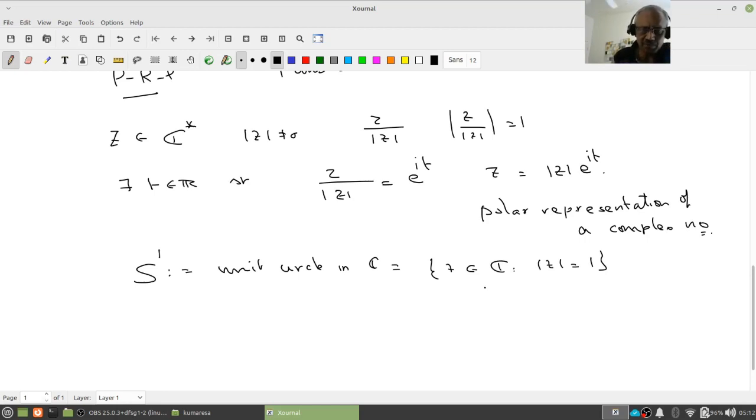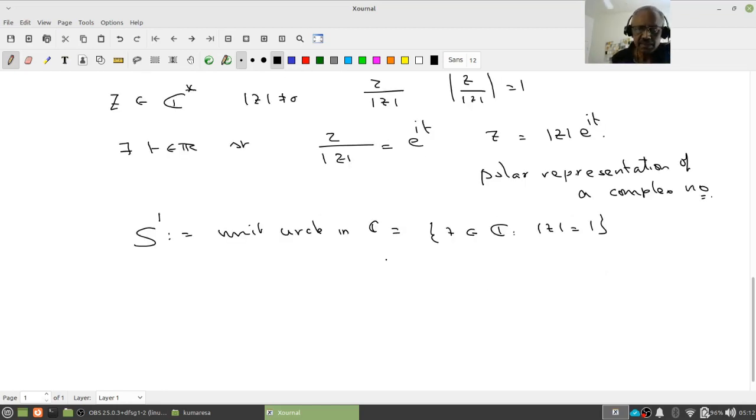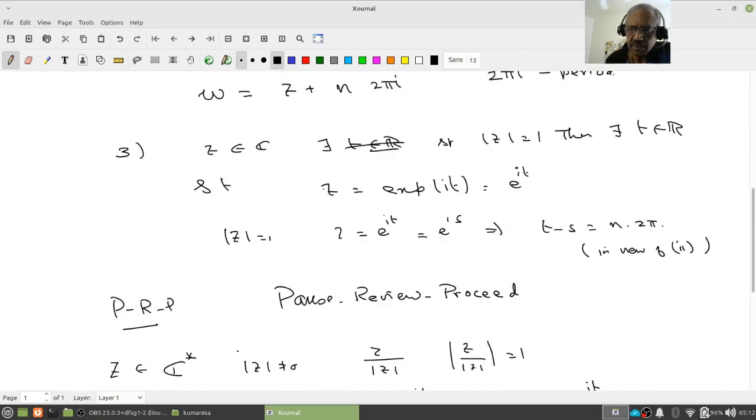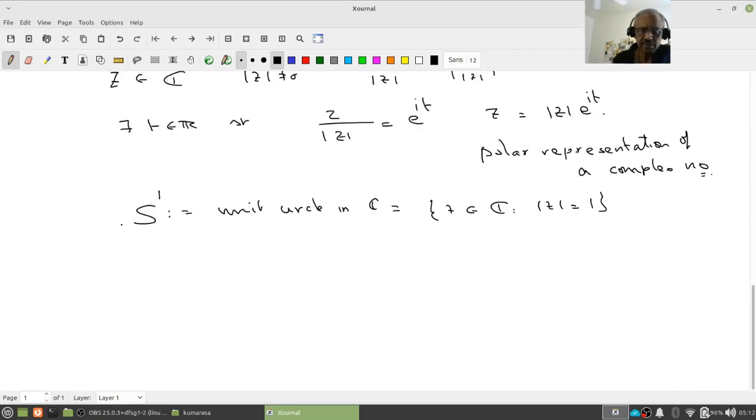That is why we call it a unit circle. Okay, so what does it mean? Now what do we want to do? So this t, if z equal to mod z e power it, then t is called an argument.